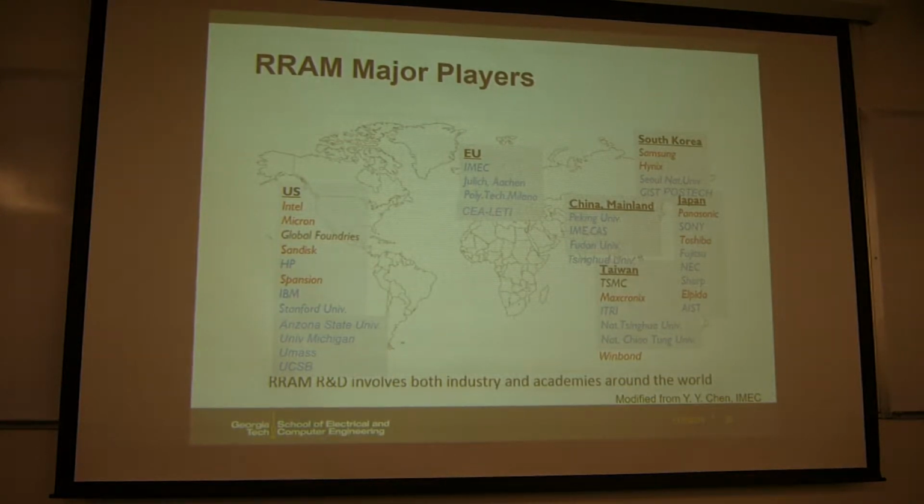So in the US, like Intel and SanDisk, now Western Digital, they have activities. And of course, HP Lab proposed the concept of the memristor, and they are still working on this. And in terms of the universities, here's a list.